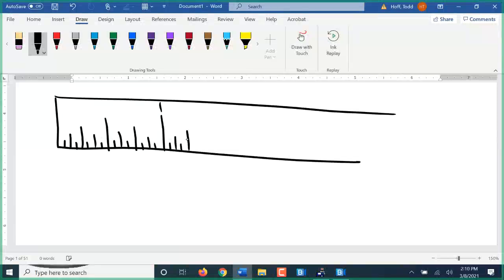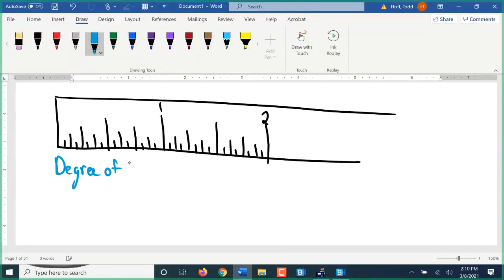So if we look at this measuring device, this ruler, I guess we would call it. Degree of precision here. Remember, it is the smallest unit on the measuring device.